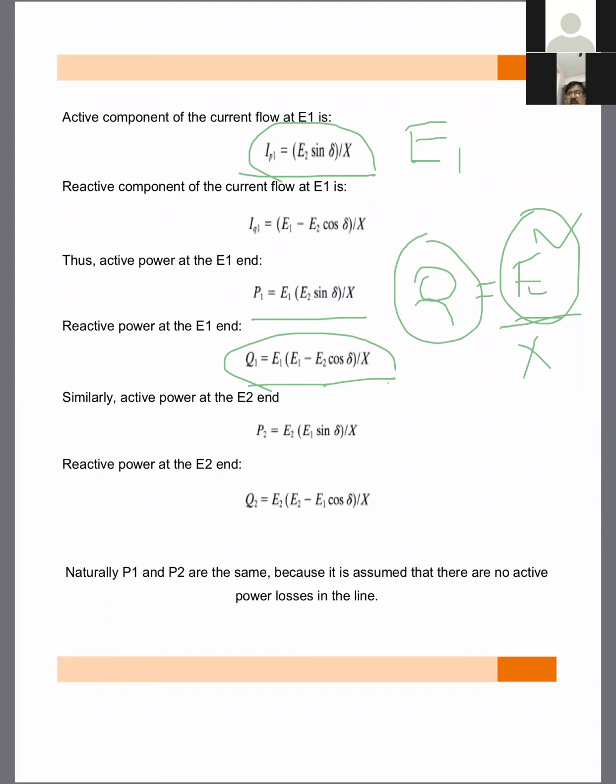By changing the voltage, you can vary the reactive power. Reactive power is given by E1 into E1 minus E2 cos delta by X, so we are calculating not only real power but reactive power also.